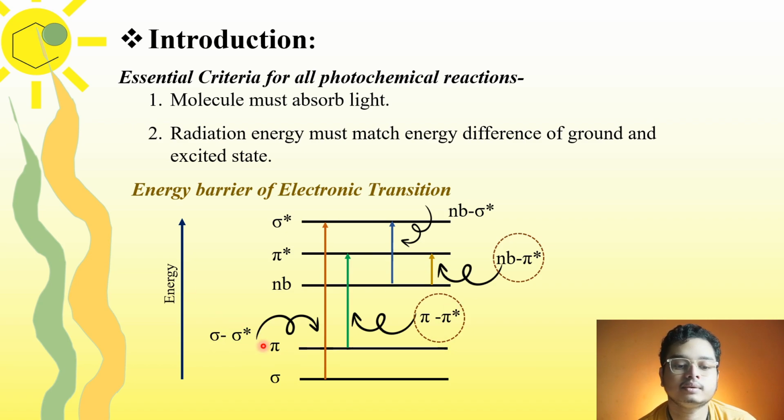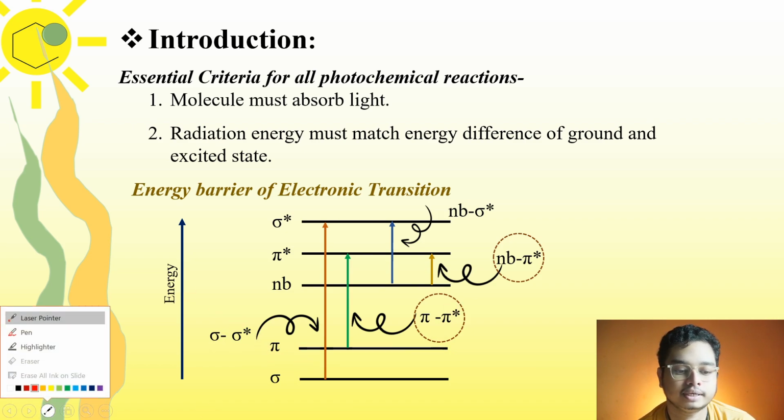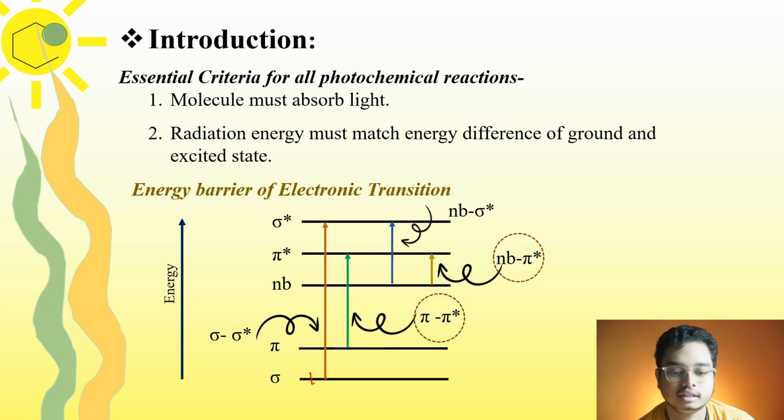Now what happens when a molecule with a bonding orbital is irradiated by UV radiation? The electron goes up to the anti-bonding orbital, sigma star.